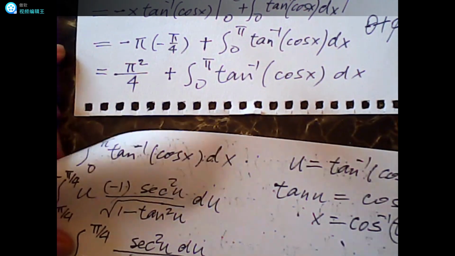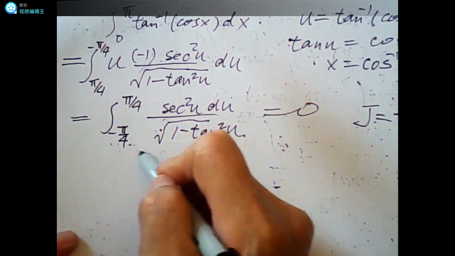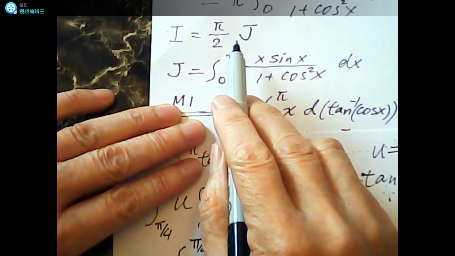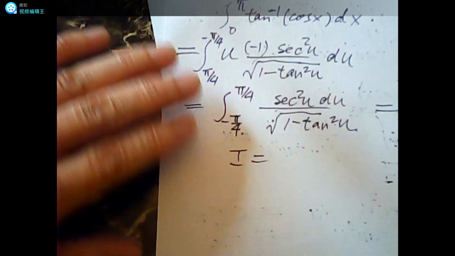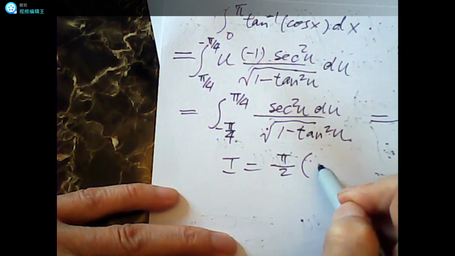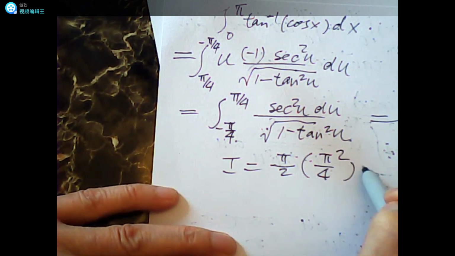I just did it. And therefore, my I is equal to half pi times J. This is equal to pi cubed over 8.